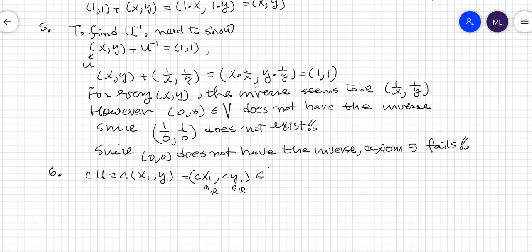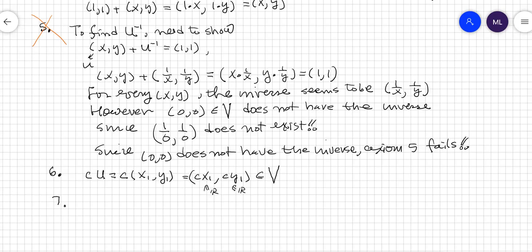So that is an element of V, a member of V. So 6 is okay. So the one that fails is number 5 so far.